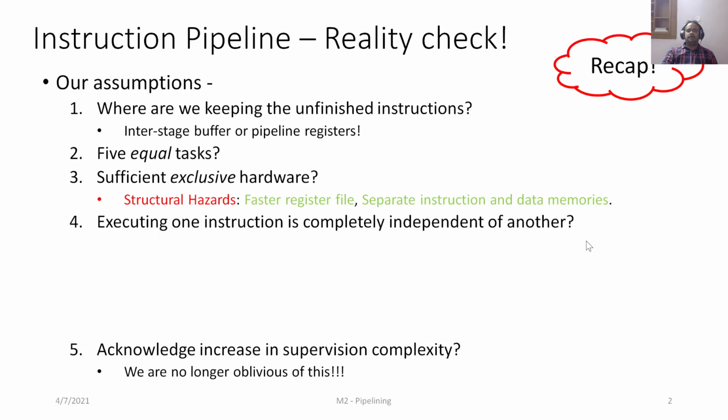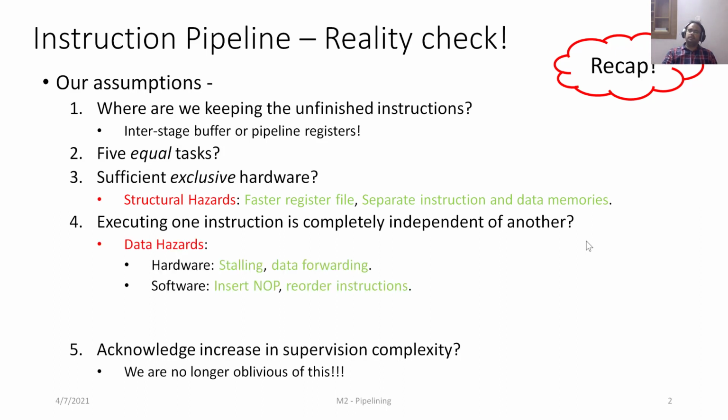And we also looked at the possible scenarios where the execution of one instruction is dependent on another. We have data hazards in that, and we looked at stalling and data forwarding as part of hardware solutions, and inserting no ops or if possible reorder the instructions as the software solution.